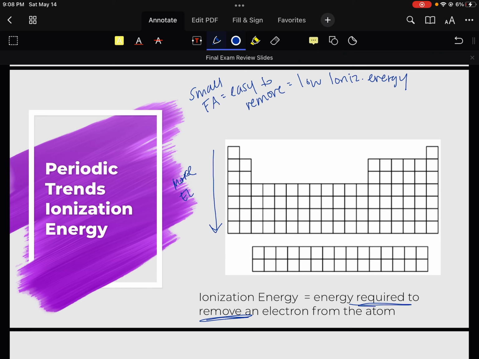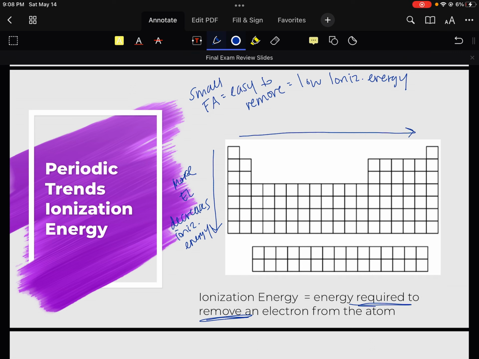So that means those electrons are getting further away. That means that I can't hold on to them very well. So if they're getting farther away from me, they're going to be easy to take. So we'll say it decreases ionization energy as it goes down.